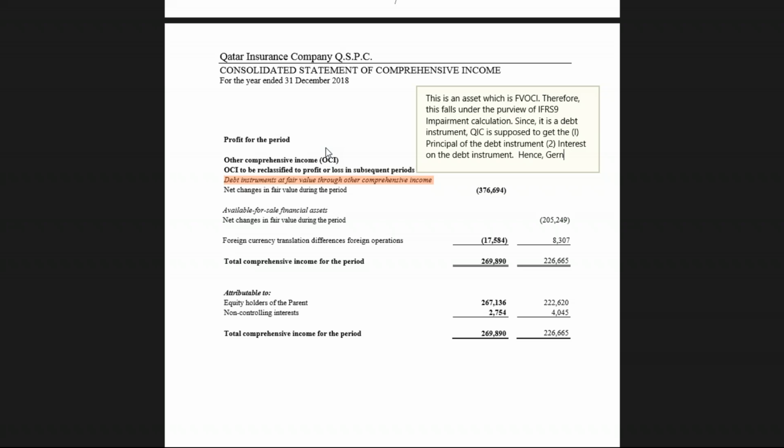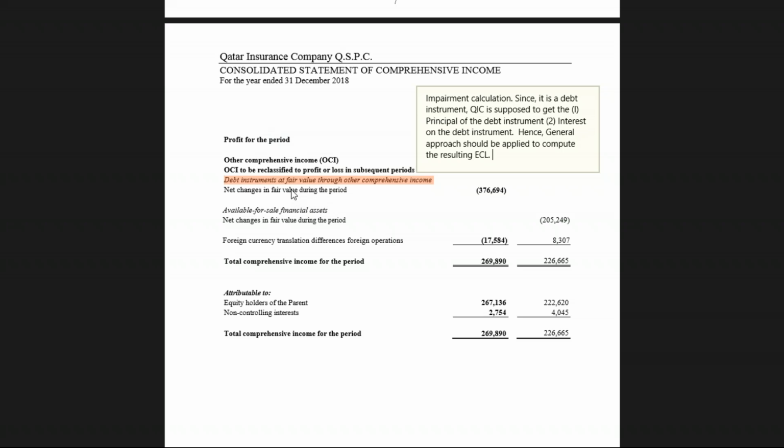Hence, the general approach should be applied to compute the resulting ECL, right?